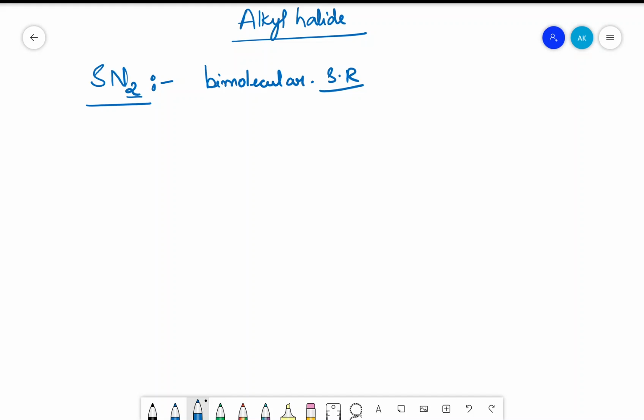So in this SN2 reaction, the rate of nucleophilic substitution reaction depends on the concentration of our substrate. The substrate is your alkyl halide, and also the concentration of the incoming nucleophile.